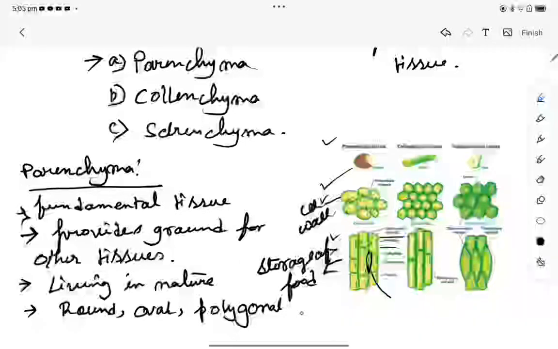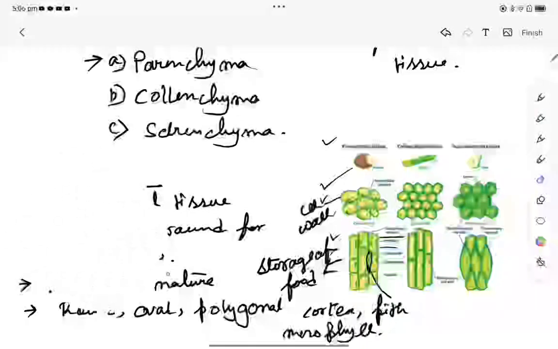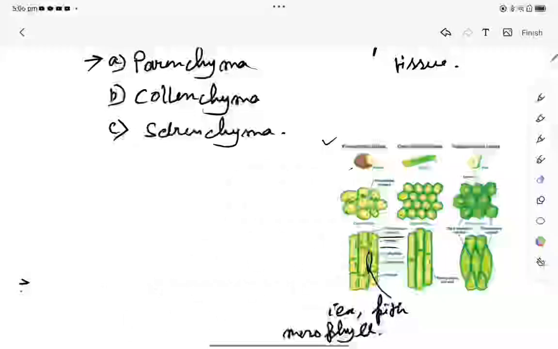Okay, so they are present in cortex, in pith, mesophyll tissue of plant and stem, fruits, etc. So parenchymatous tissues are present all over the plant. Fine. Now we are going to learn a few short questions that can come from this portion, right?